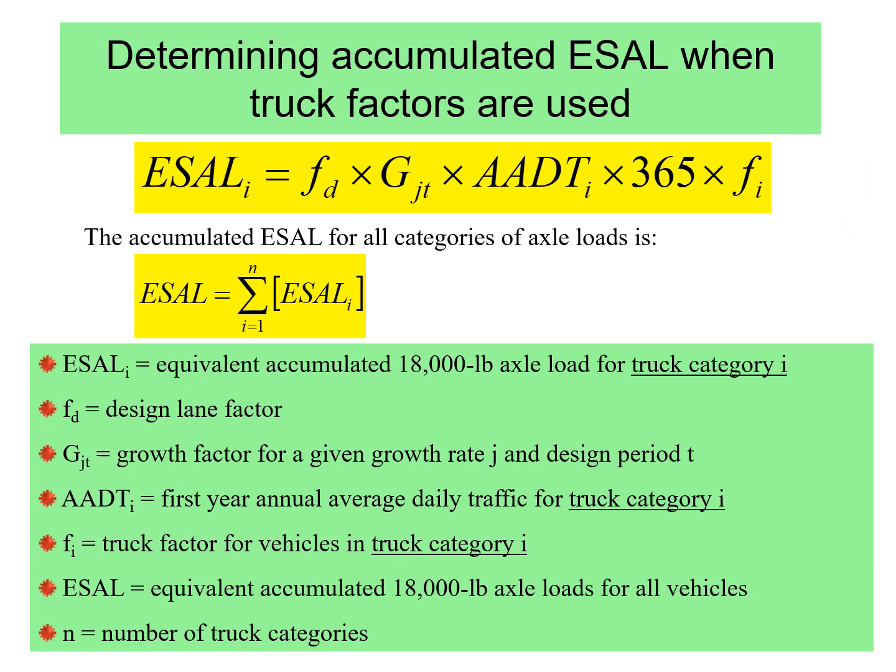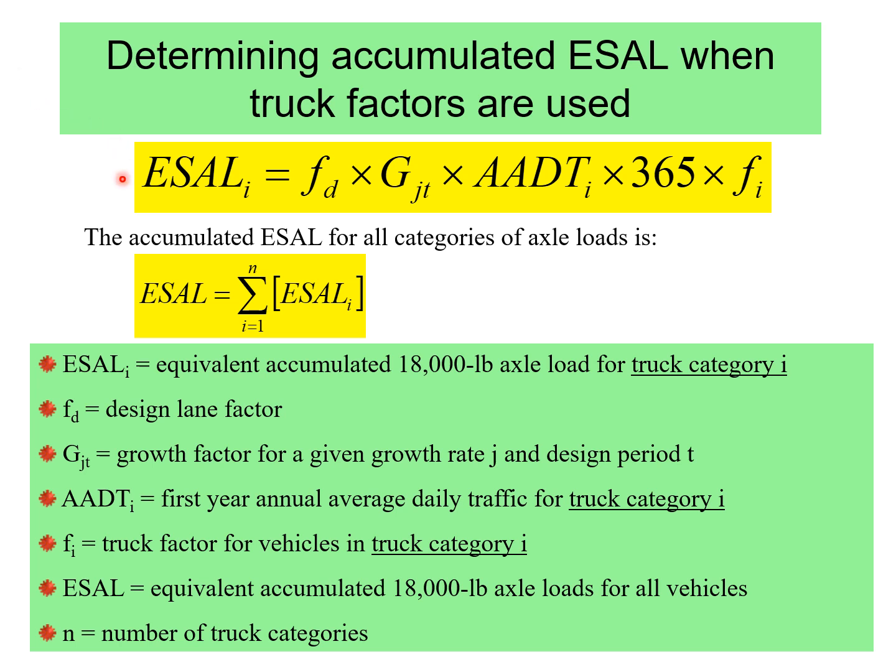On this particular slide, you can see another formula. This formula will be used when the truck factors are being used. So determining accumulated equivalent single axle load when truck factors are to be used.